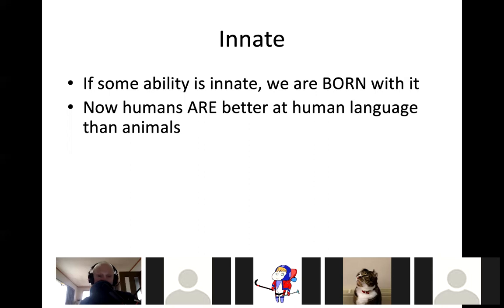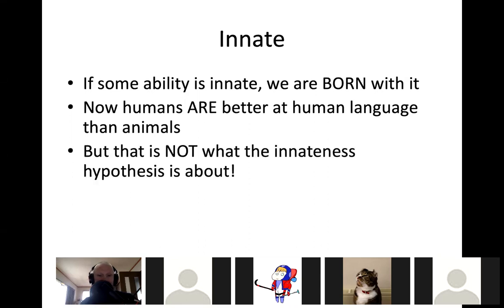So it's true, humans are better at human language than animals. There's no question about that. Nobody disagrees with that, right? But that's not what the innateness hypothesis is about, right? It's not that we are better than animals at human communication. And many people will say, yes, of course, we have innate language ability.